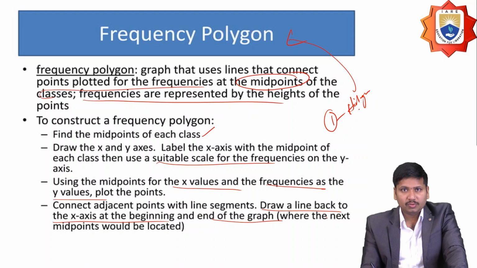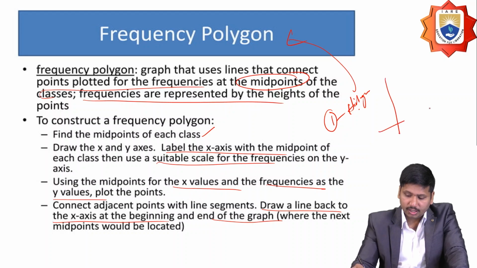These are the steps you have to consider for constructing the frequency polygon. That means find the midpoints of each class, draw the x and y axis, label the x-axis with the midpoint of each class, and use a suitable scale for the frequencies on the y-axis.